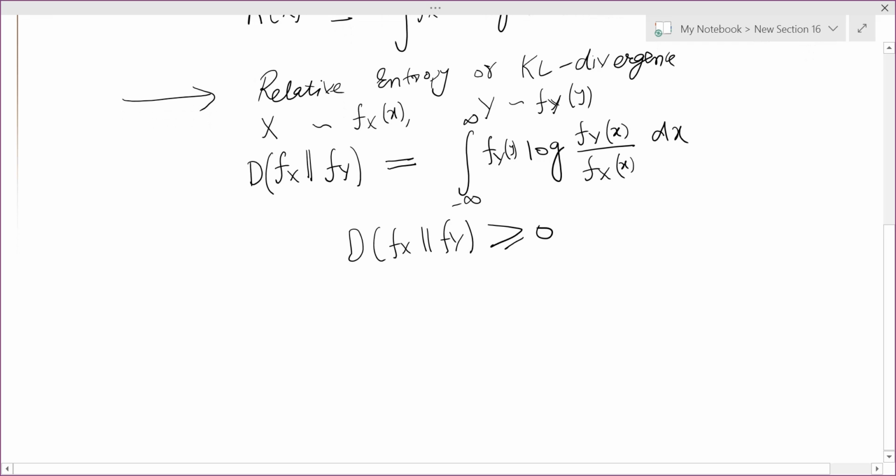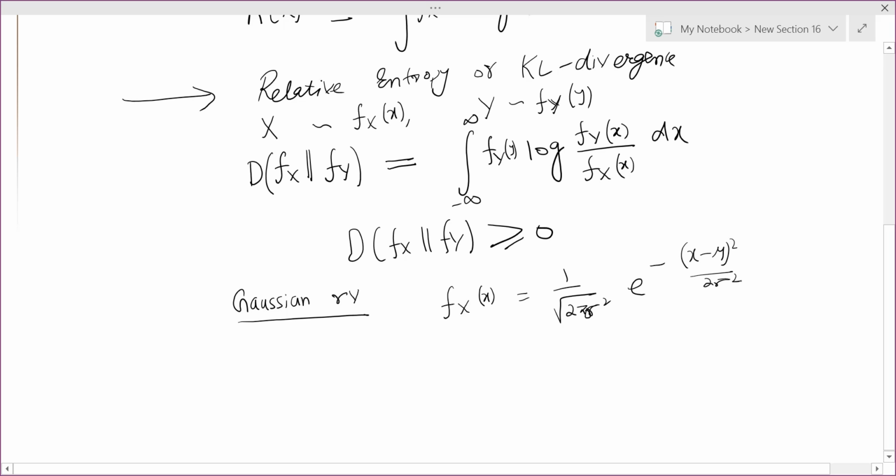And let's now compute the differential entropy of some famous distributions, out of which we have the Gaussian distribution, a Gaussian random variable, with probability density function 1 over root 2 pi sigma square e to the power minus x minus mu square divided by 2 sigma square.